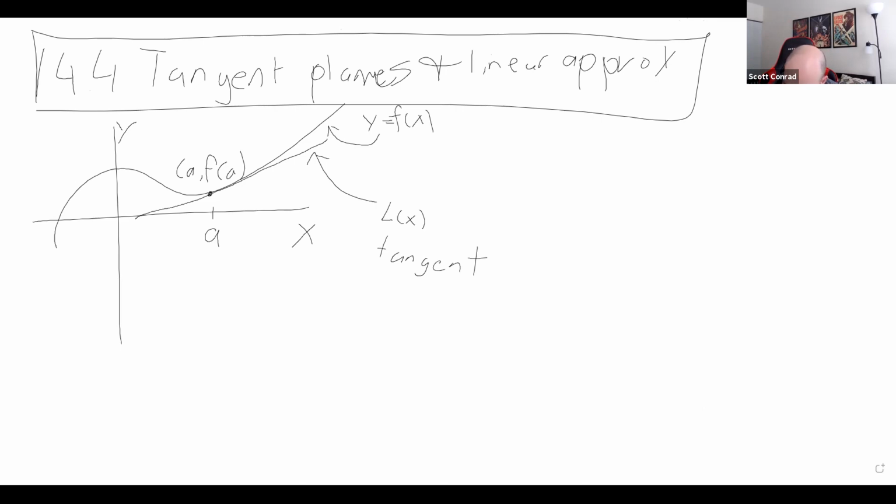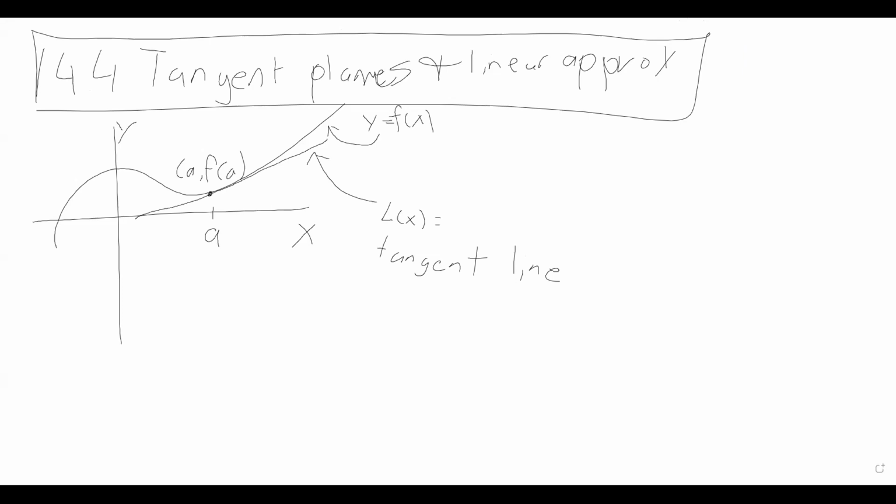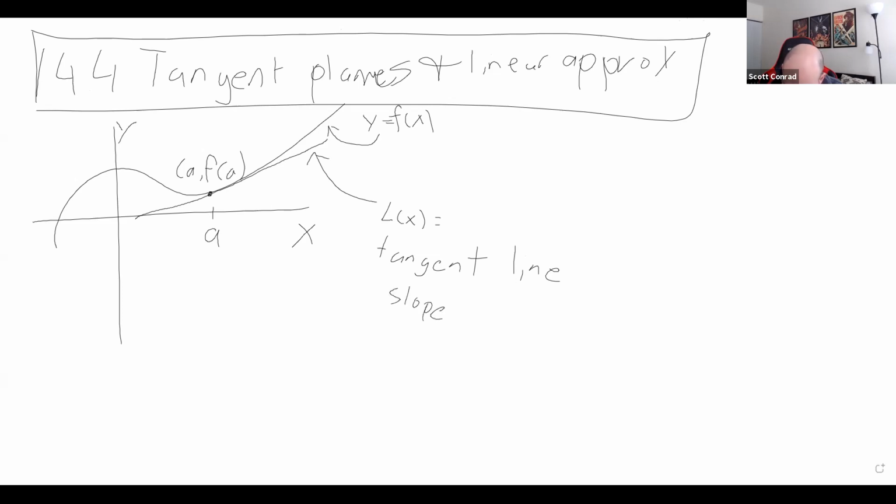So what do we know about the tangent line? What's the slope of our line? The derivative. It's the derivative of f at a. So we know the slope is f prime of a, and we know it goes through the point (a, f of a).